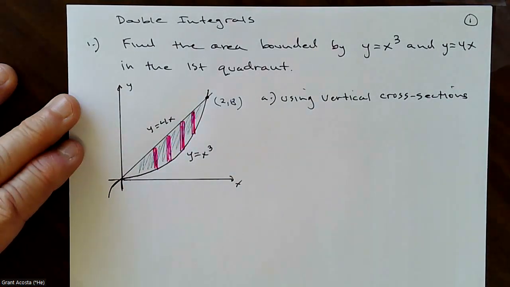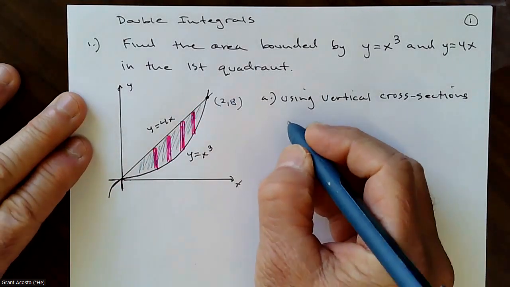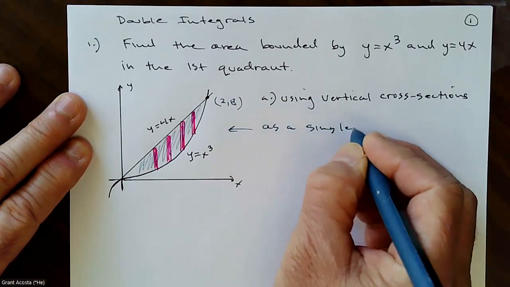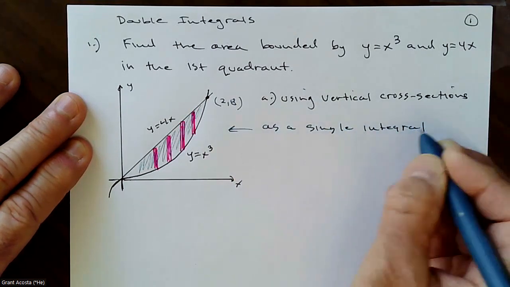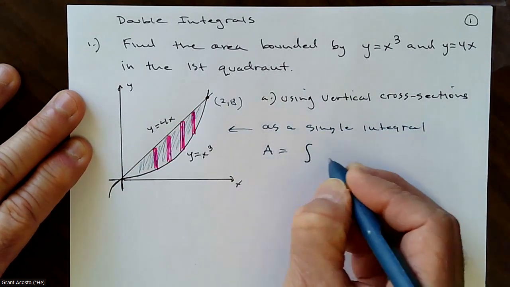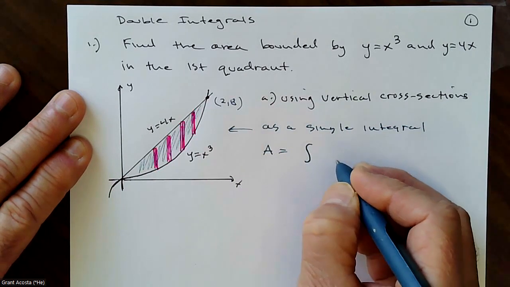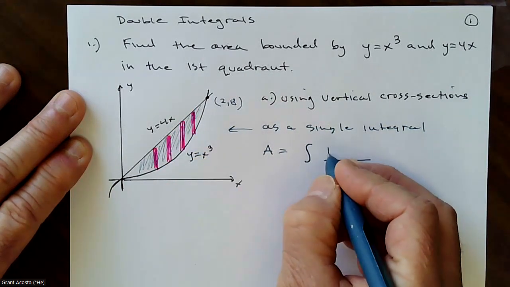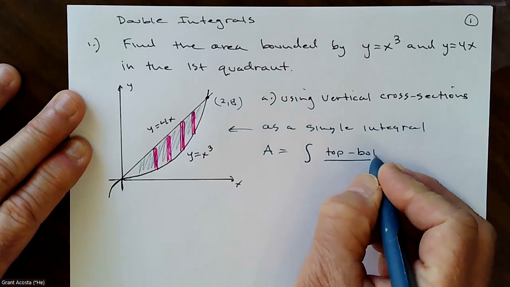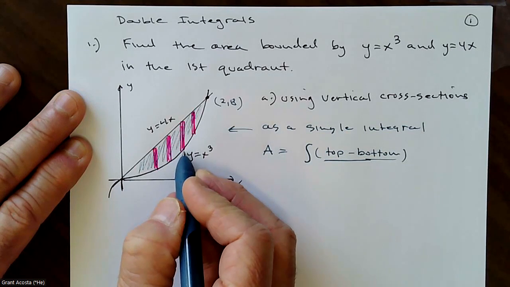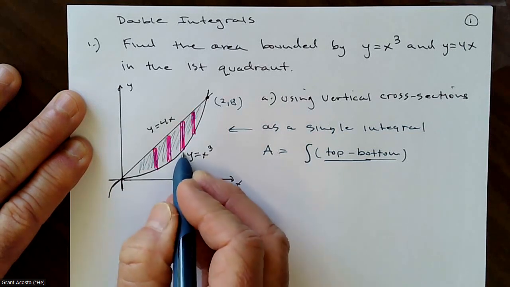And so in a previous math class as a single integral, you may recall to find the area, what we would want to do is add up all of the rectangles whose heights are given by the difference between the top function and the bottom function, and then multiply that by the width of one of those rectangles, which is thought of as an infinitely small increment, in this case of x.